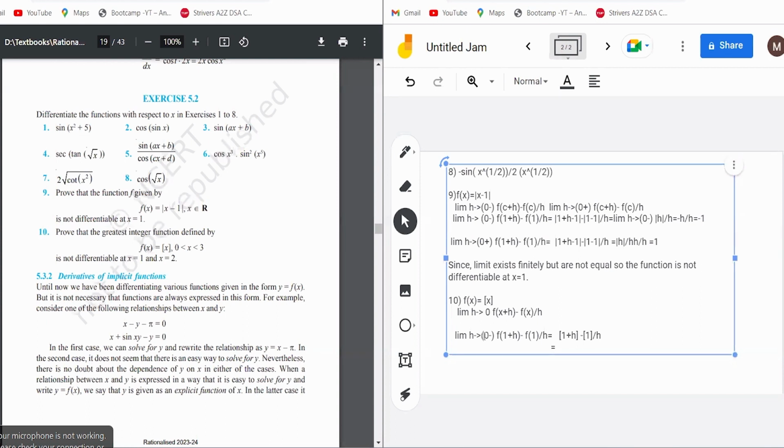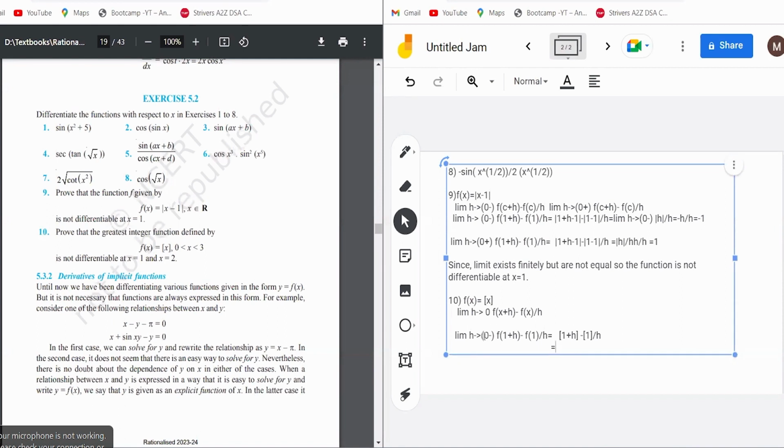And we know that the greatest integer function is a function which gives the value just before the value given inside it. If the value given inside the greatest integer function is an integer, then we will print that integer only. But if it is not an integer, if it is something like a decimal number, then the integer part of the decimal number will be printed. So it is 1 plus h. h is negative.